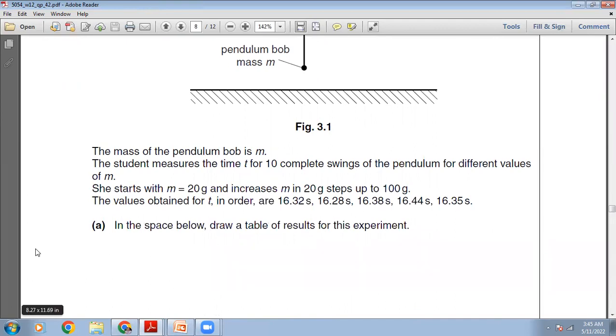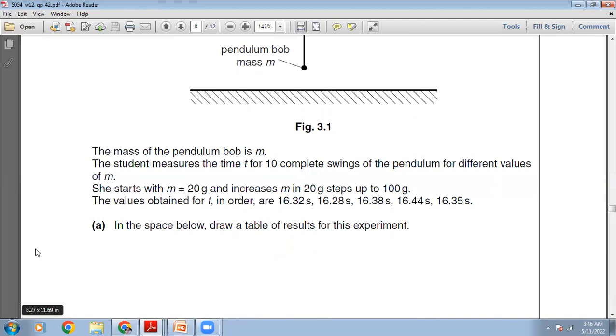The student measures the time t, small t, for 10 complete swings of the pendulum for different values of m. She starts with m equals 20 gram and increases the m in 20 gram steps up to 100 gram. So first she put a bob of 20 gram, then 40 gram, then 60 gram, then 80 gram, then 100 gram.